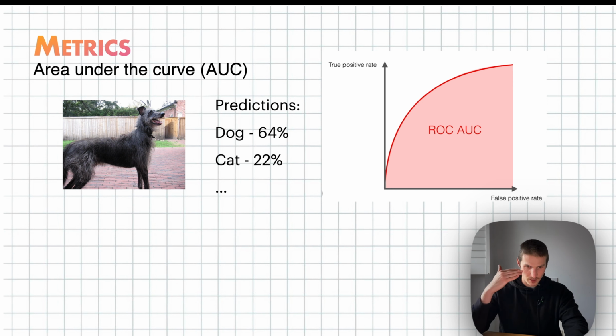And depending on how high the threshold is, the rate of true positives and false positives changes. So for example, if we say that the bar is extremely high, like we only look at predictions with above 95% probability, then the model will look at this picture here, and it will not generate a prediction with enough confidence to pass the threshold.